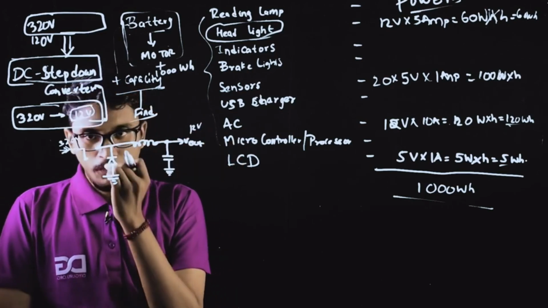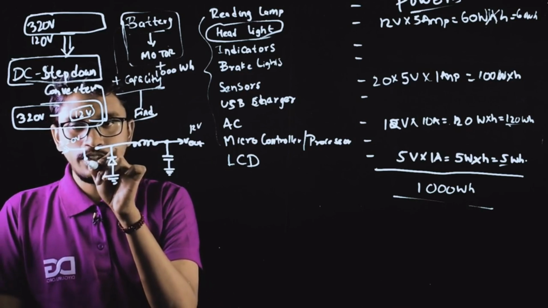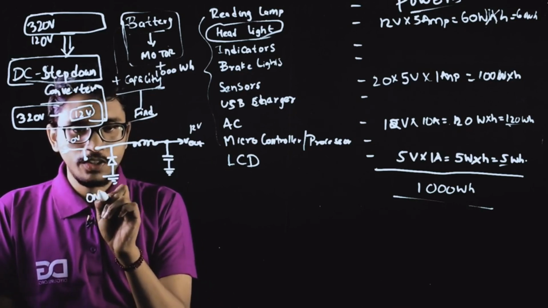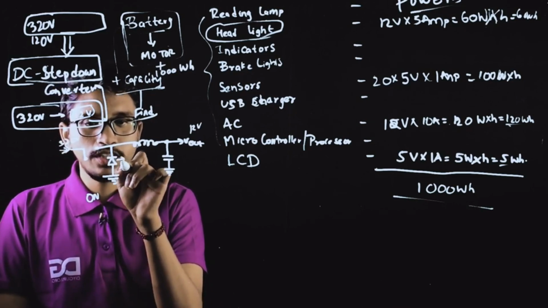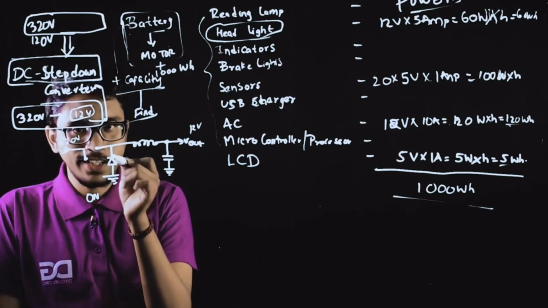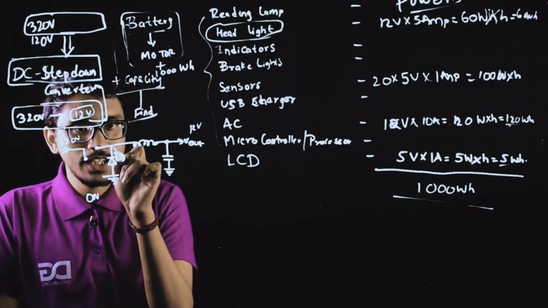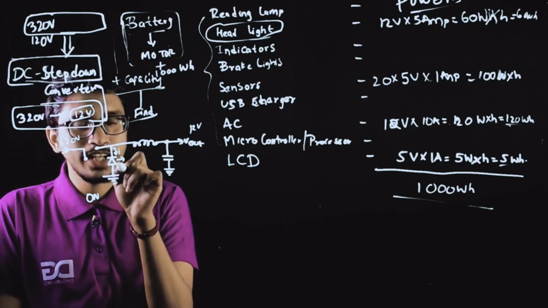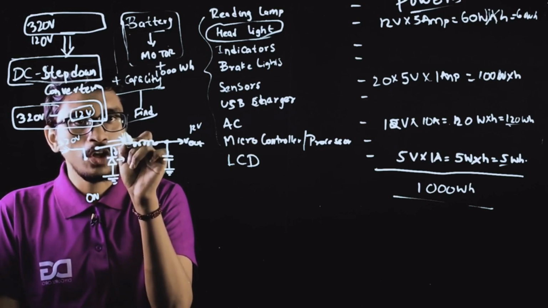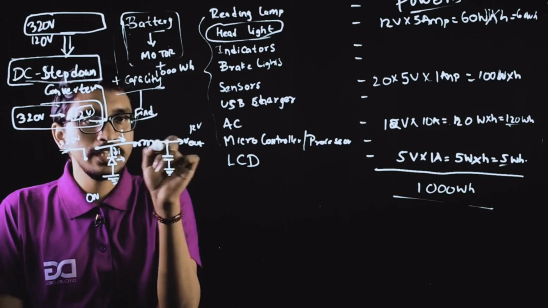Whenever the switch is on, this diode restricts the current from passing in this direction and allows all the voltage and current to pass through this inductor.